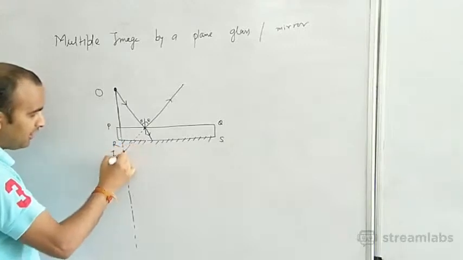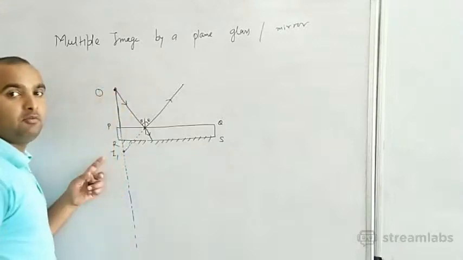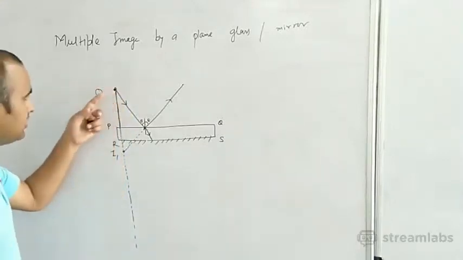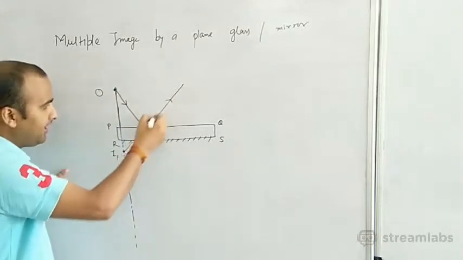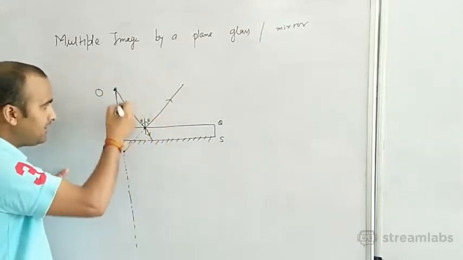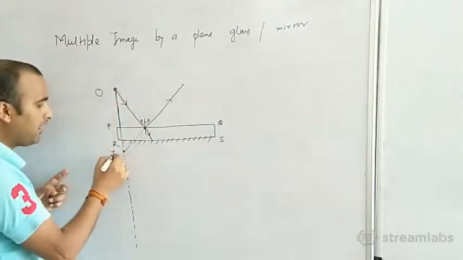Suppose this is I1, the first image of this illuminated object, this light source, this object O. By this line and this line, I obtain here the first image of the object O, I1.